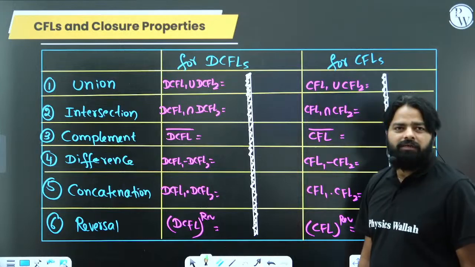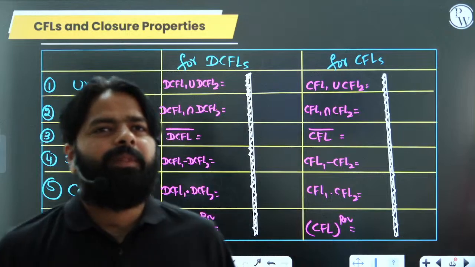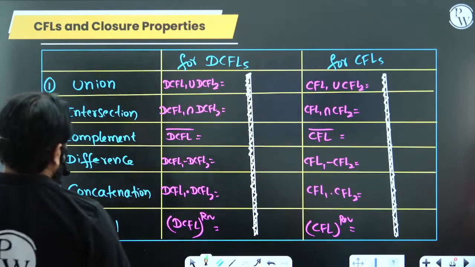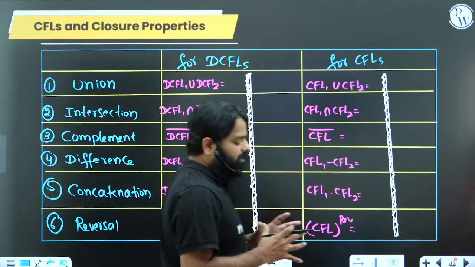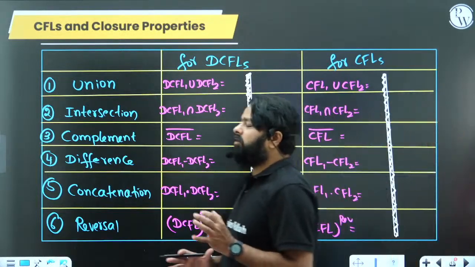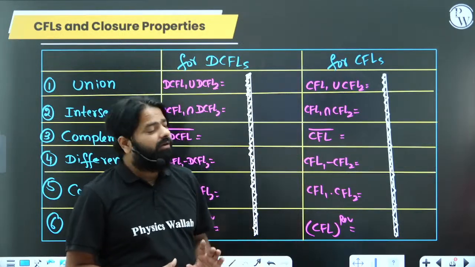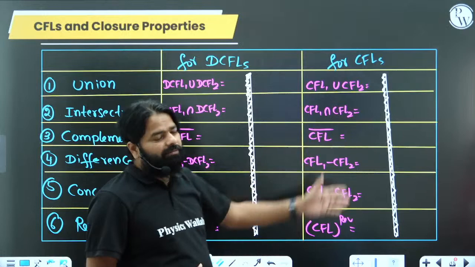What is the DCFL union? Remember that this table may be useful directly in the exam, because they may simply ask one of them, such as the intersection of two CFLs in general. Then you can get it directly from this table.